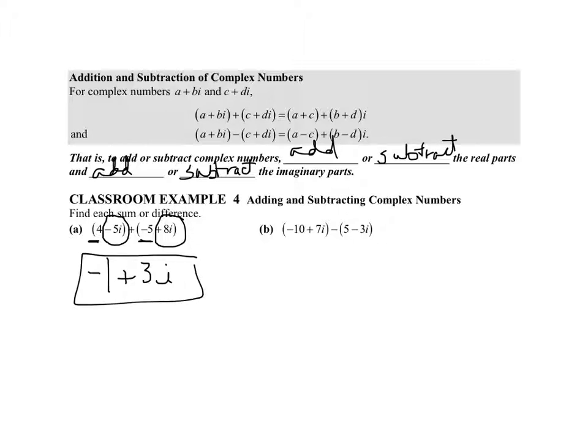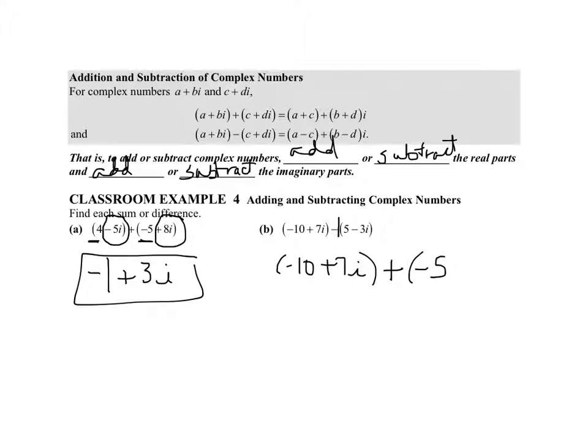Now when we look at the last example, because there's a subtraction sign in front of that second complex number, I would encourage you to rewrite your problem as adding the opposite, or think of it as multiplying everything in that parentheses by a -1. And that would mean that I would have plus, and then -1 times 5 is a -5.